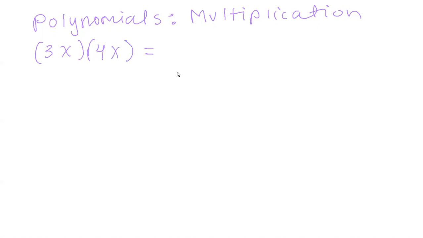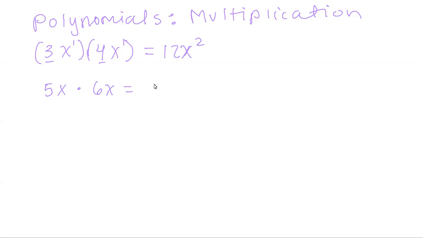As we learned before with the exponents, all we're doing is just adding the exponents of the x's, so that gives us x squared. And the coefficients 3 and 4, you just multiply like normal, so 3 times 4 is 12. Likewise, let's say we have to do 5x times 6x.